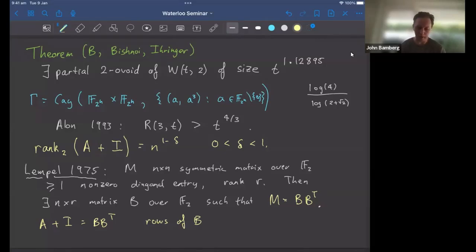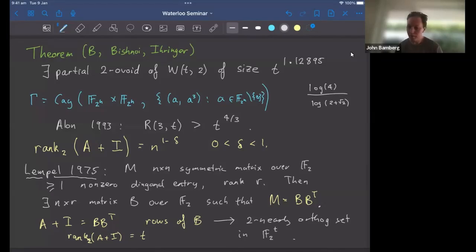So if A plus I had rank t, then in fact this gives rise to a 2-nearly orthogonal set inside F2 to the t. And your n is t to the 1 over 1 minus delta.